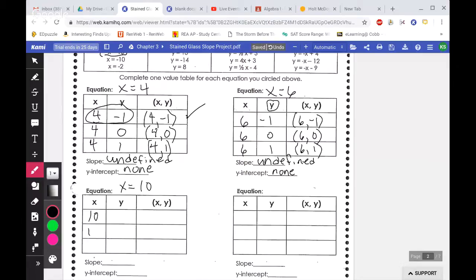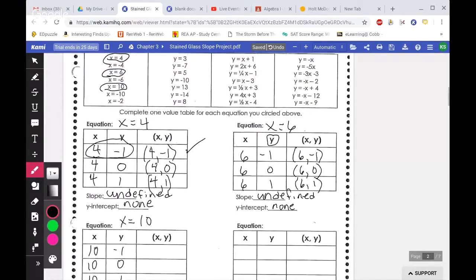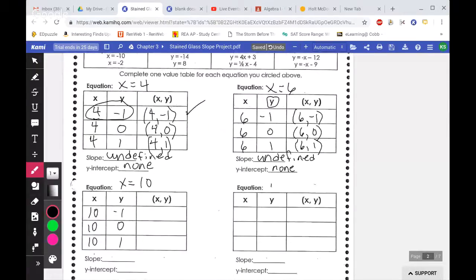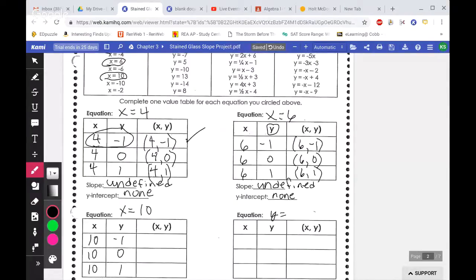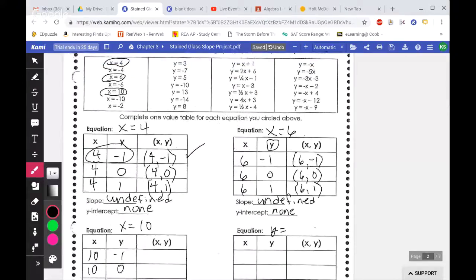Is this, so far, what your tables look like? Yes, ma'am. Okay, so you feel pretty confident about these? Yes, ma'am. How about the y equals ones? Those are a little bit harder to me. Which ones did you pick? I got all the y equals on the third chart, I believe.